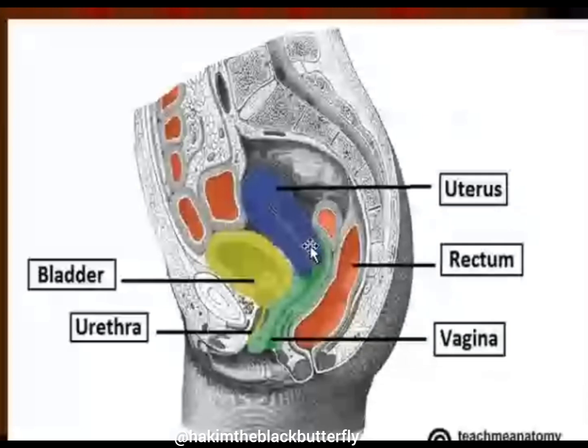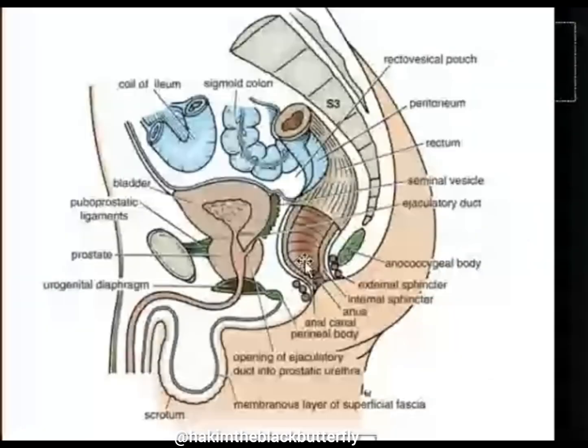You have the uterus, the cervix, the vagina, and the sigmoid colon. These structures are anterior to the rectum in females. And these structures are anterior to the rectum in males.